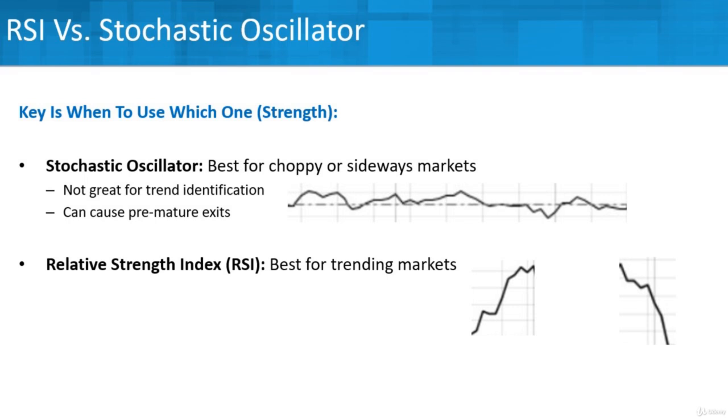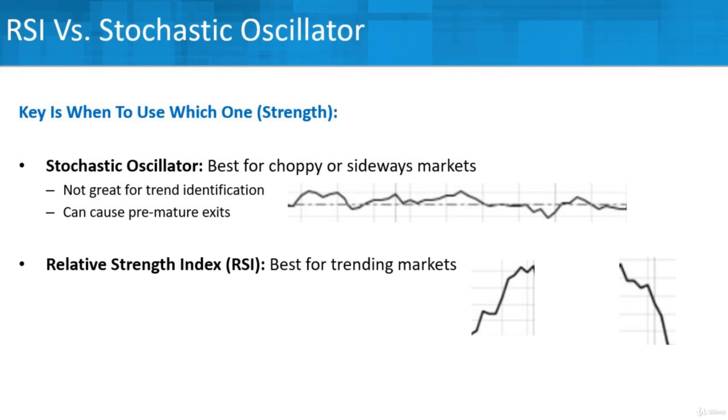But if we were to nitpick and really say, okay, what's the best for each of these, versus they're both good in any of these types of markets as an oscillator, as a momentum indicator: a stochastic oscillator tends to be best for choppy or sideways markets, where there's no great trend identification.